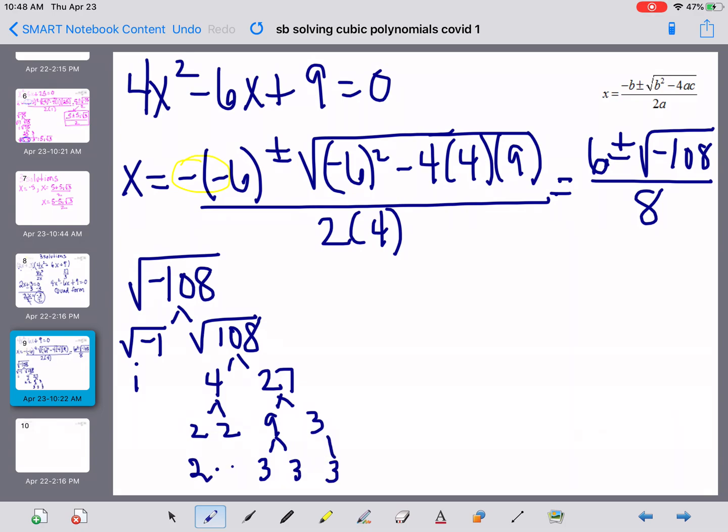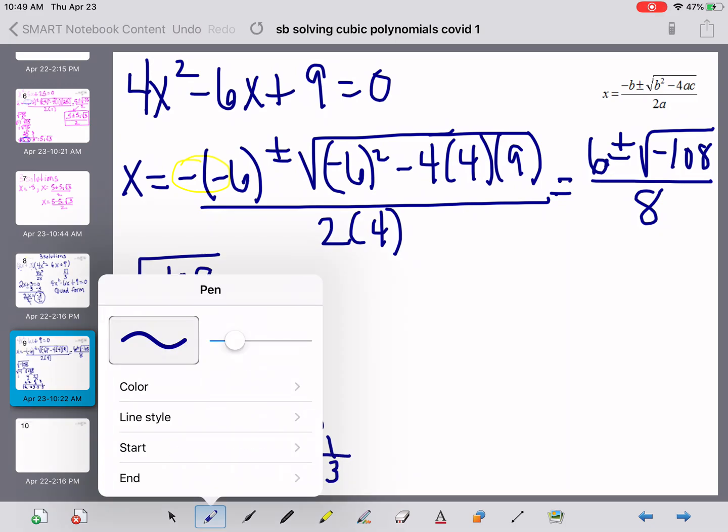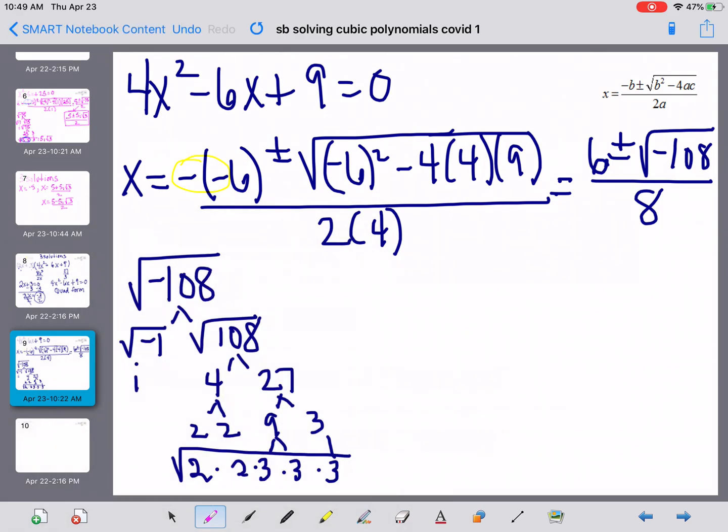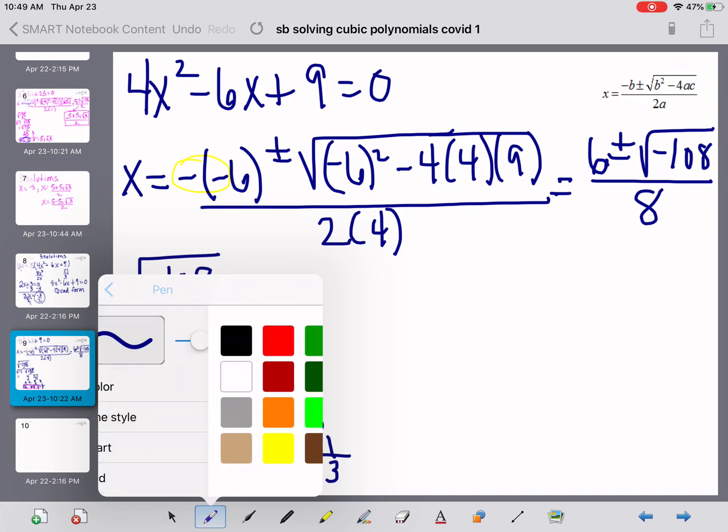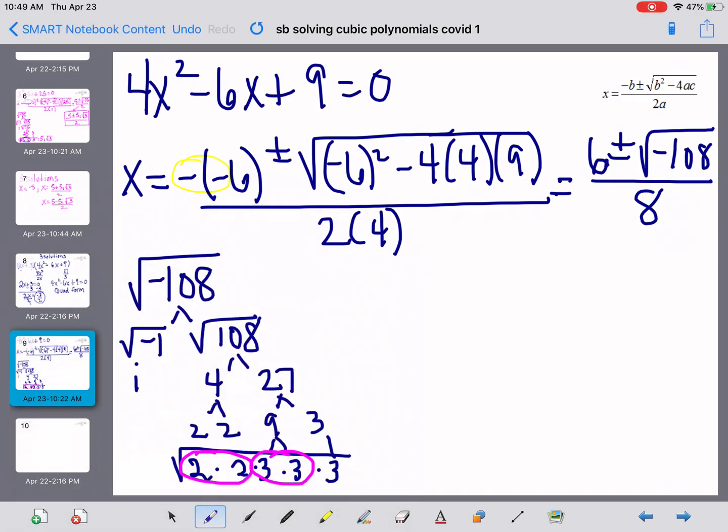I'm going to carry all these down because what we're looking for is 2 of the same to take out 1. So we've got 2 2s, we can take out 1 2. 2 3s, we can take out 1 3. And when we do, what we end up with here is 2 times 3 i.